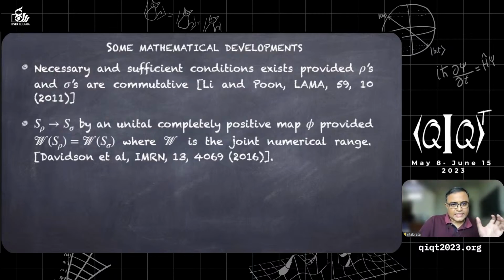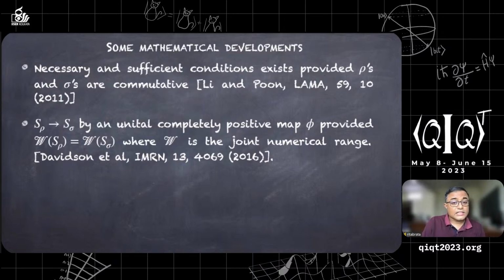They said that it is possible if and only if the joint numerical range of all the rhos and the joint numerical range of all the sigmas are the same, in which case a transformation is possible.